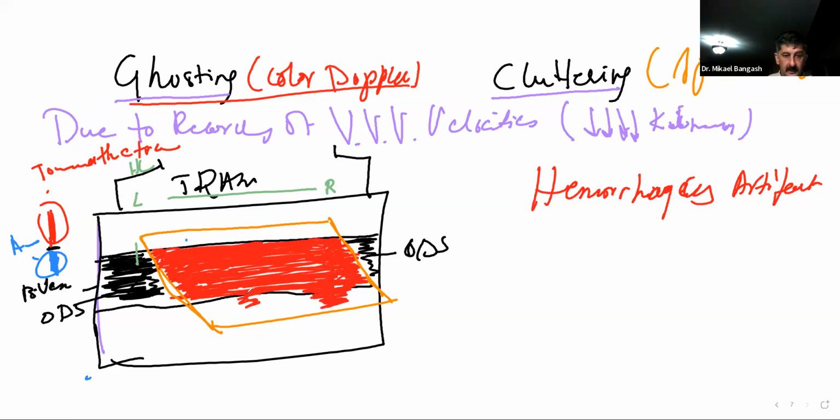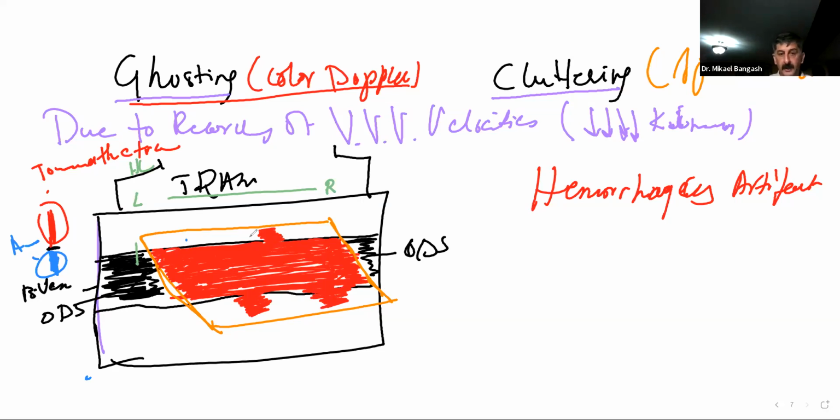And you will actually see what looks like blood flowing outside the blood vessel. Did that make sense?